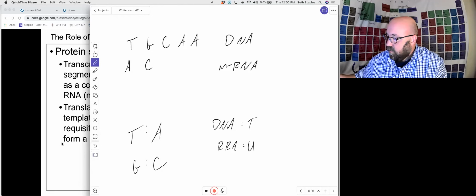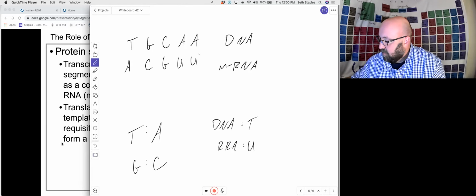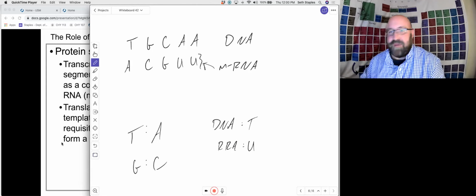Guanine would form a cytosine. The cytosine would form a guanine. The adenine isn't going to form a thymine, but would instead form the uracil. And so this would be the complementary messenger RNA strand formed from that little segment of DNA.